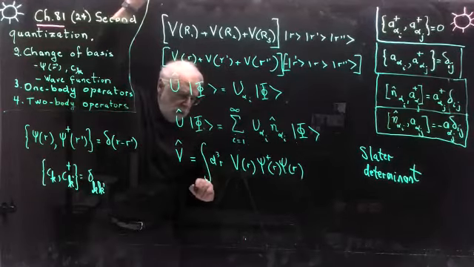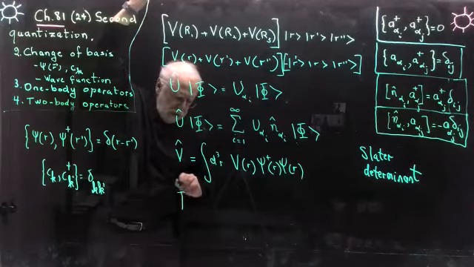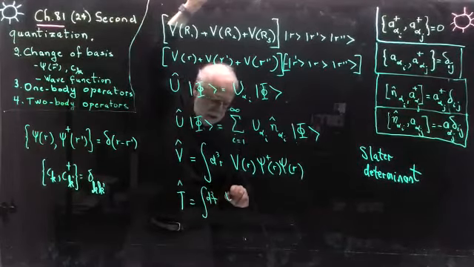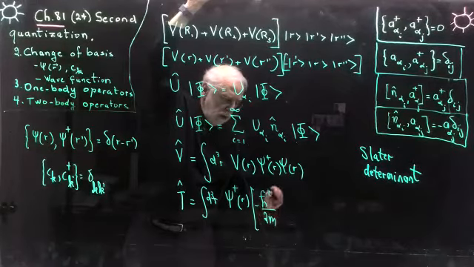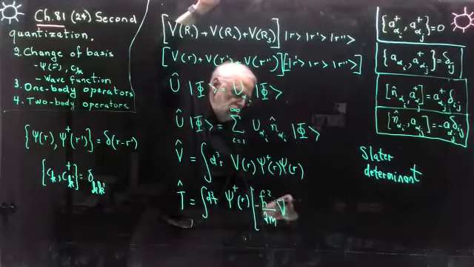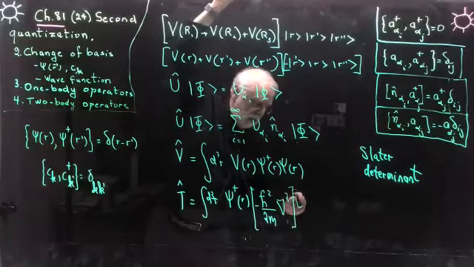And now if we go to the kinetic energy operator, it will be the integral d cubed r of psi dagger of r of minus h bar squared, sorry, h bar is no longer equal to 1 now, just for demonstration, Laplacian that acts on psi of r.